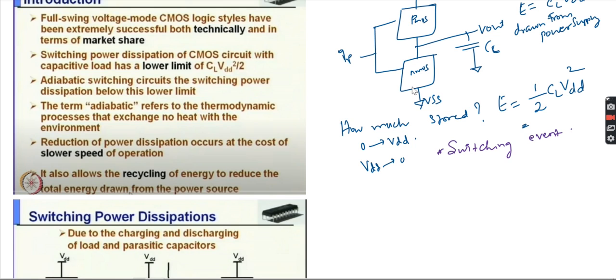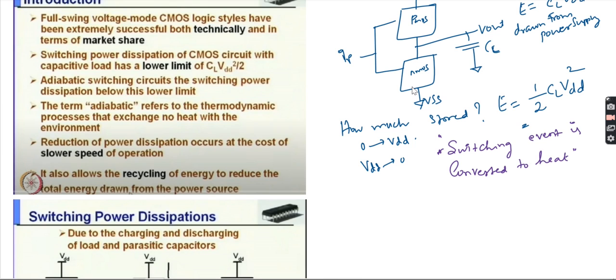The switching event is converted into heat, which ultimately is released to the environment, because it is dissipating the power.